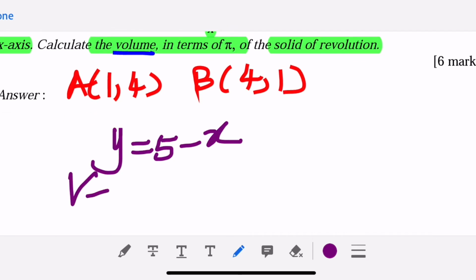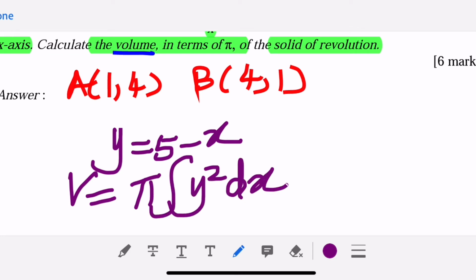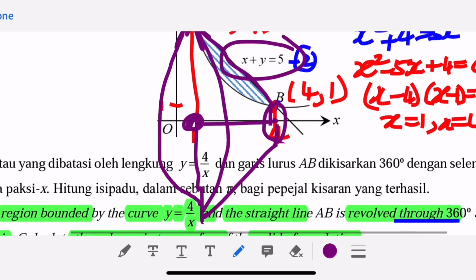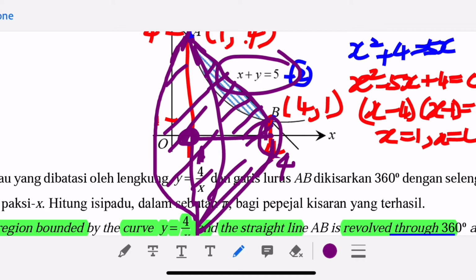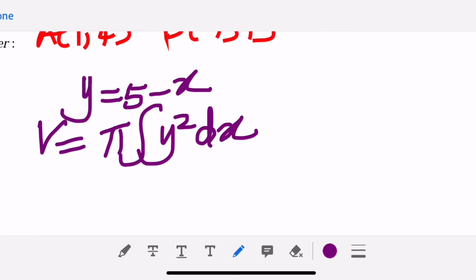So volume is pi y squared dx, right? This is a formula. And the boundary is from x equal to 1 to 4 for this volume under. Okay, that is 3-dimension. So integrate 1 to 4, y squared.